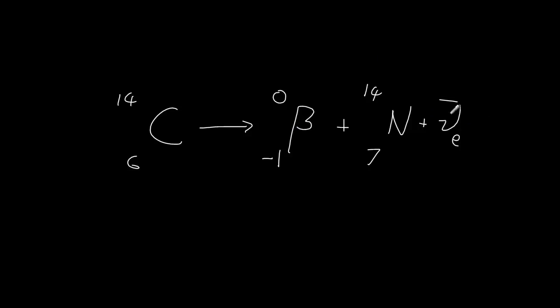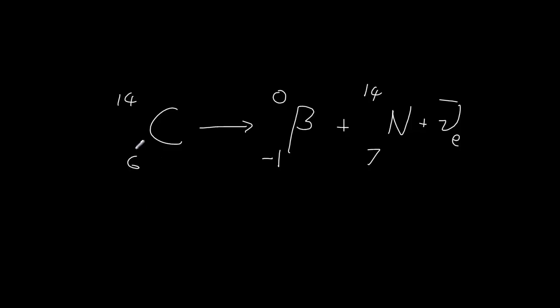Now you might ask why we're not producing a positron, but one of the other conservation laws we have to hold on to is charge, and if we were to produce a positron, then we would overall be more positively charged on this side of the reaction than on this side.